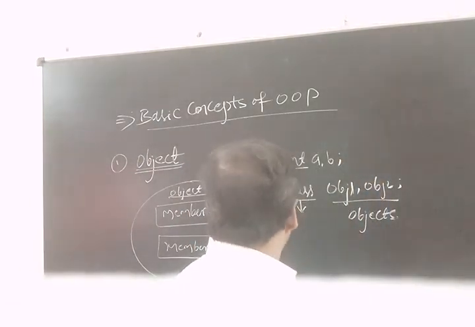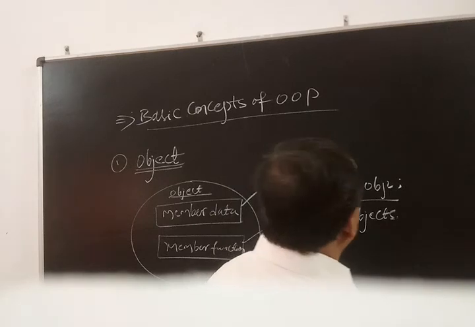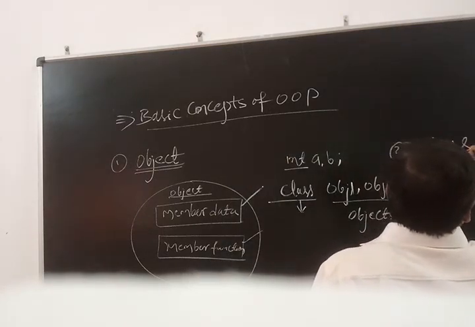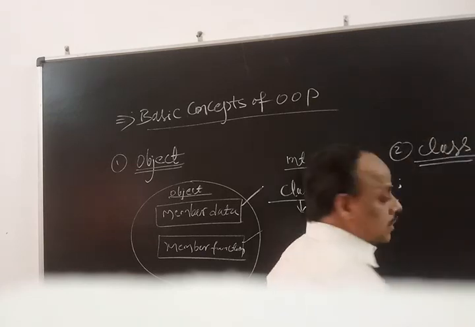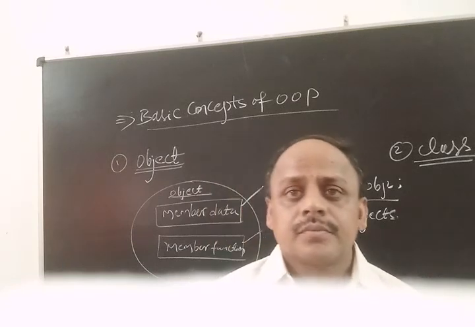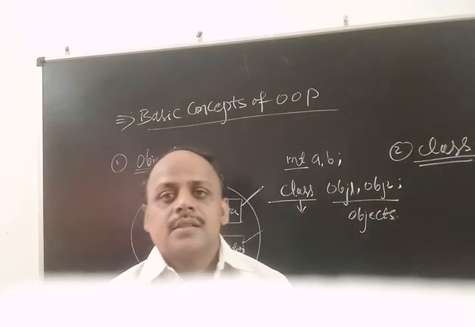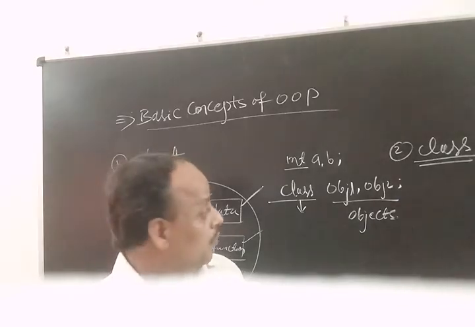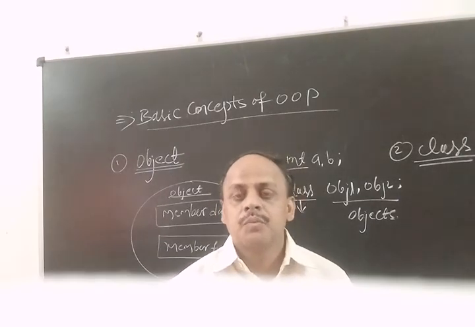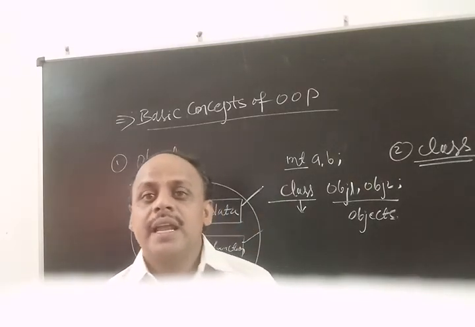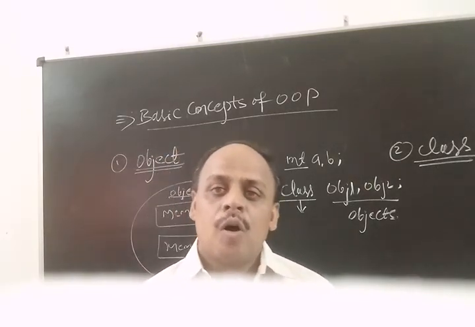Okay, next point, second point, class. What is a class? A class is one of the user defined data types which contains member data, member functions as well as a number of objects.